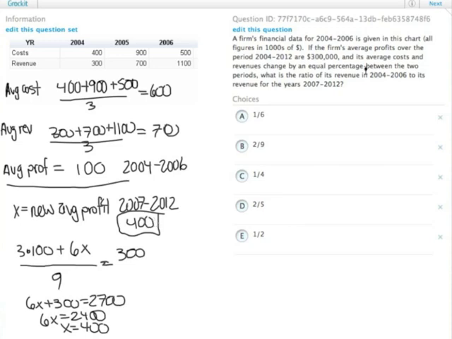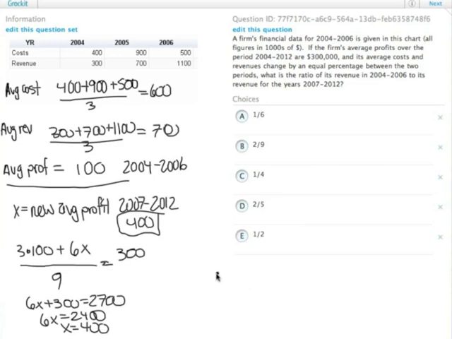Now we're trying to find the ratio between the revenue in 2004 to 2006 and the revenue for the years 2007 to 2012. All we have is the profit. We don't have the revenue for 2007 to 2012. We do find out, though, that the costs stayed at the same rate proportionally to what they were in the 2004 to 2006 time period.